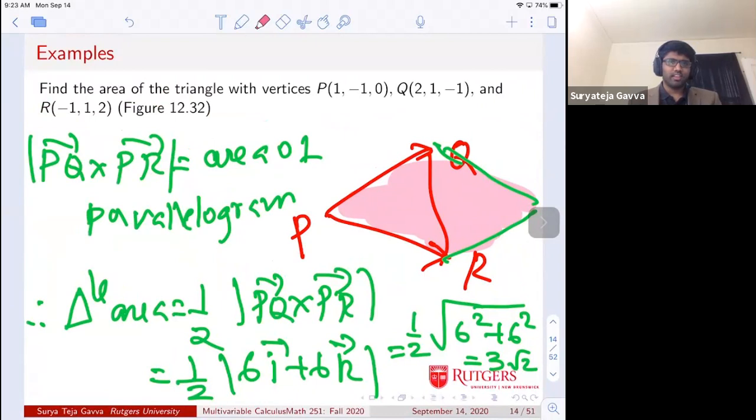Is it clear? For instance, if you take the vector along k, you can have a lot of vectors perpendicular to the xy plane. Every vector 100k, 1000k, minus 1000k, all of them are perpendicular to the xy plane, but only some of them will have the right area.